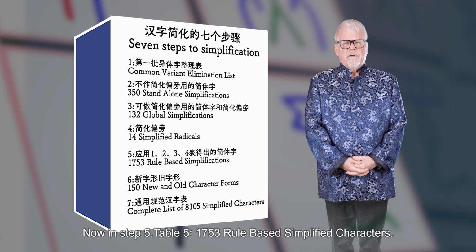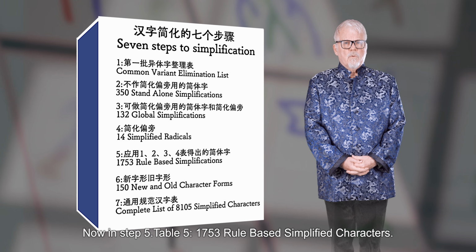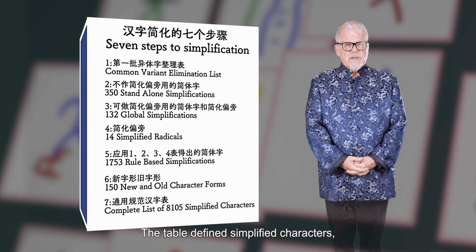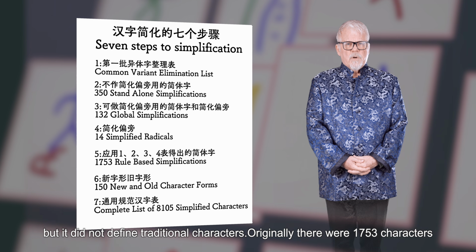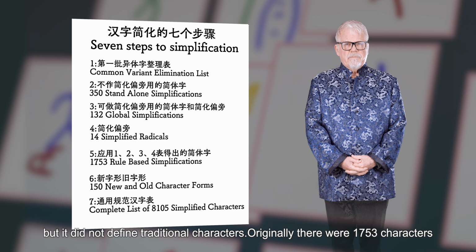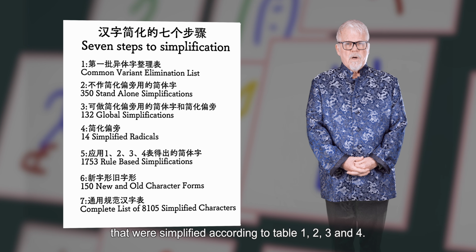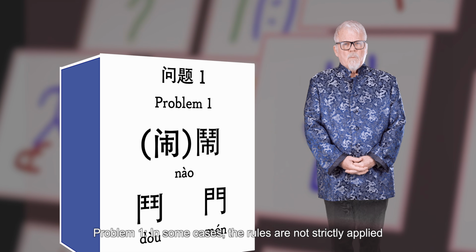Now in step 5. Table 5 is 1,753 rule-based simplified characters. The table defined simplified characters, but it did not define traditional characters. Originally, there were 1,753 characters that were simplified according to tables 1, 2, 3, and 4. Problem 1.